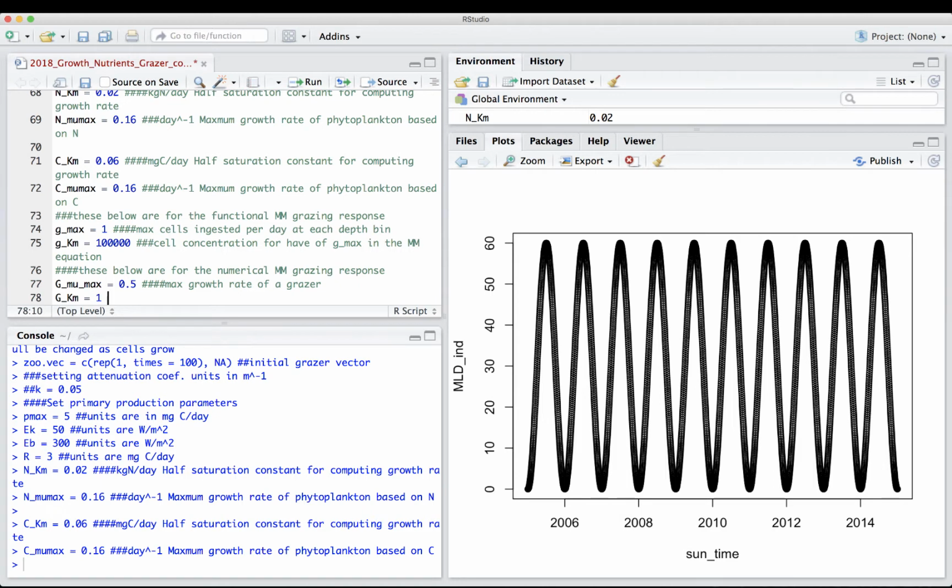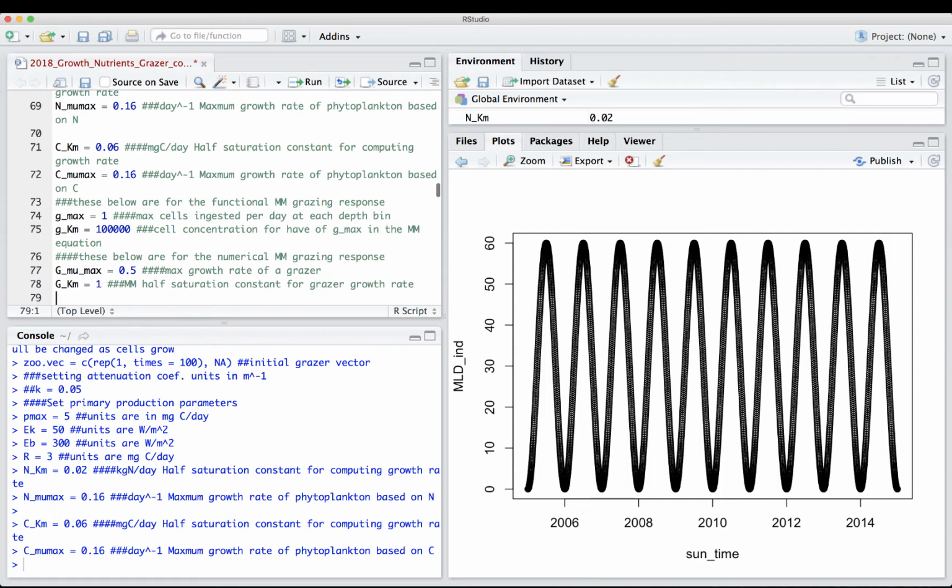Equals 1. So this is the Michaelis-Menten half saturation constant for growth rate, and GR equals 0.1.